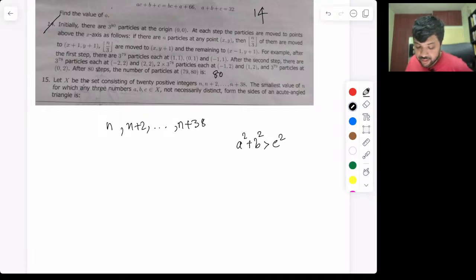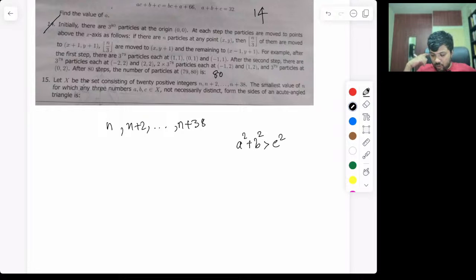Equilateral is acute, and there this will be true, so I think this is correct. If I add any two squares, the sum must be greater than the third square.